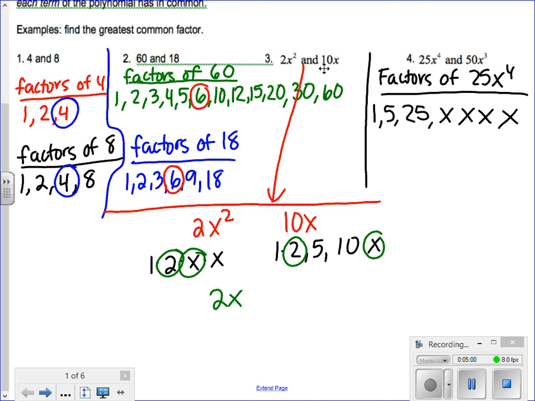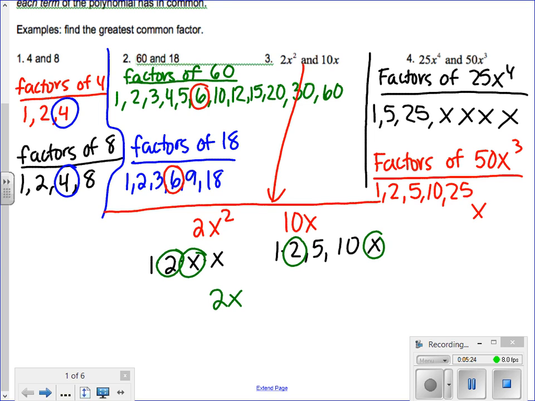Now if I list out the factors of the other term, 50x to the third, we should be able to see what they have in common. So the factors of 50 are 1, 2, 5, 10, and 25. And x to the third is 3 x's. So when I look here to try to find the greatest common factor, the number part is pretty easy.